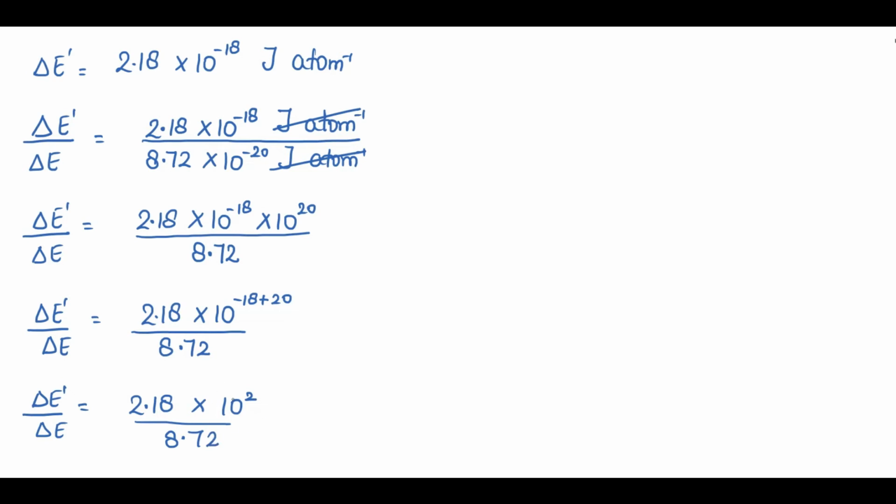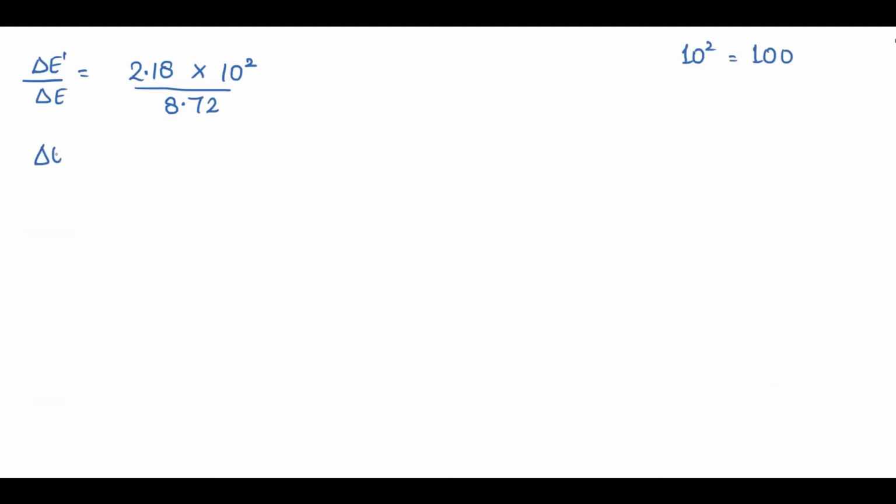Now this 10 raised to power 2 means I am having two zeros with 1, right? That means it is 100. Delta E dash by delta E equal to 2.18 into 100 divided by 8.72. 2.18 into 100, it will be 218.